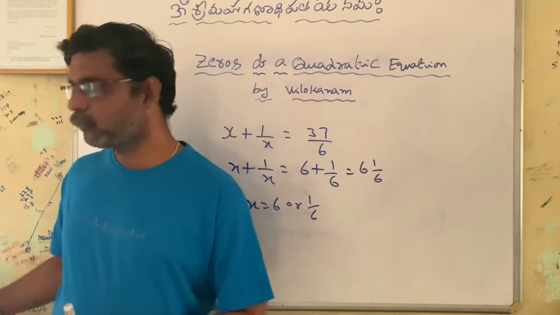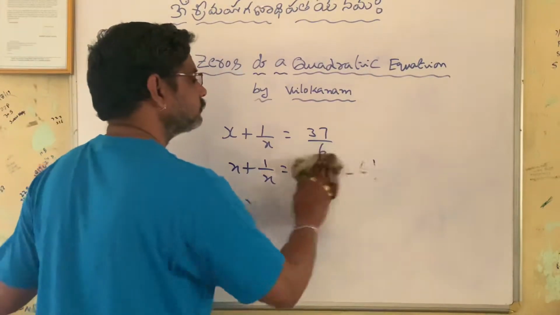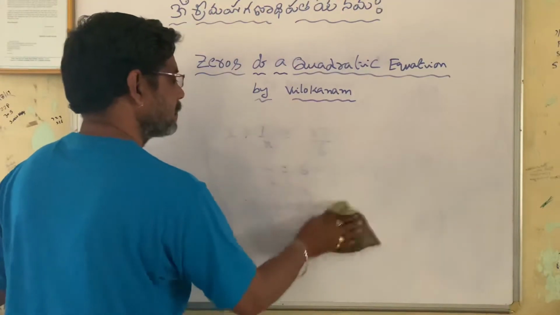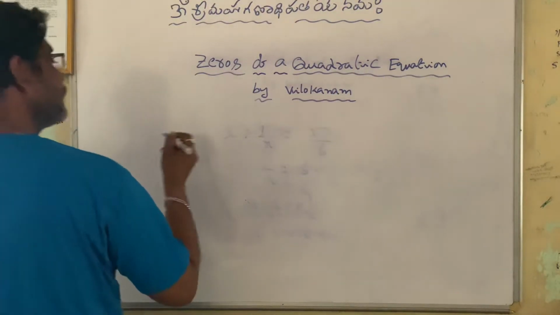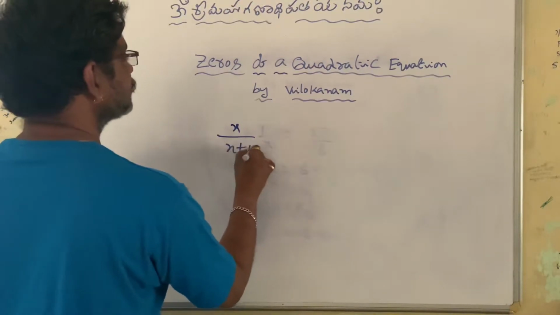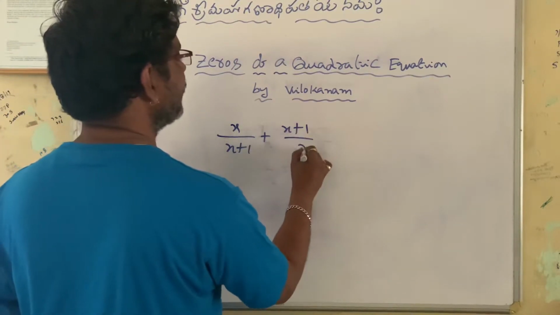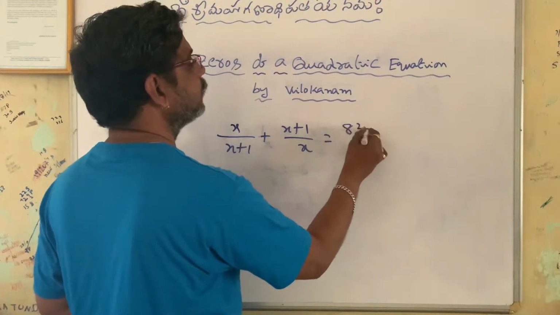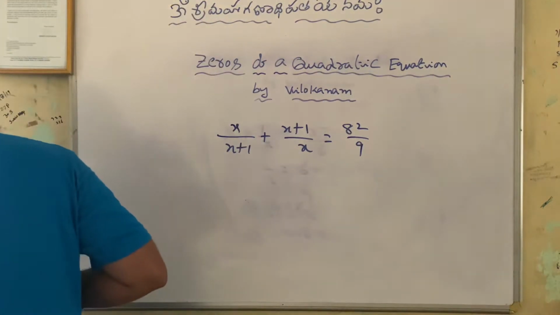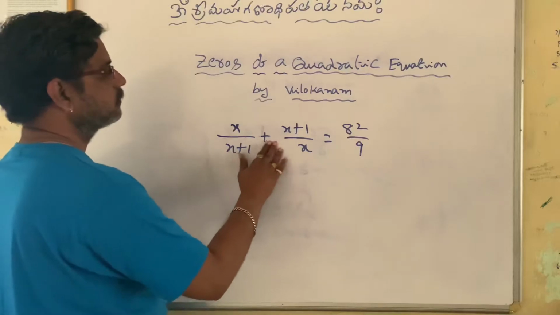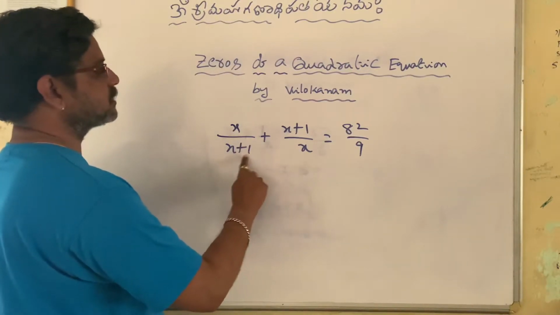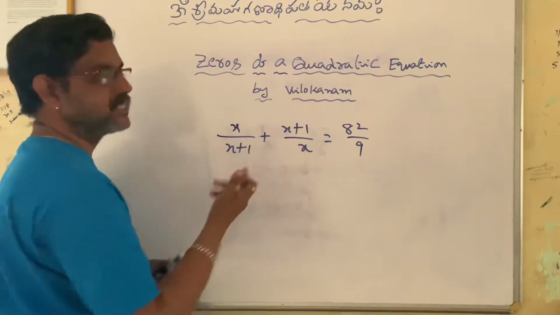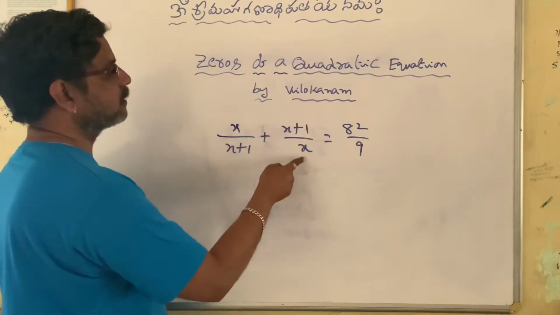Let us consider one more example: x by x plus 1 plus x plus 1 by x is equal to 82 by 9. When you observe the LHS part of the equation, the two terms are reciprocal to each other: x by x plus 1 and x plus 1 by x.